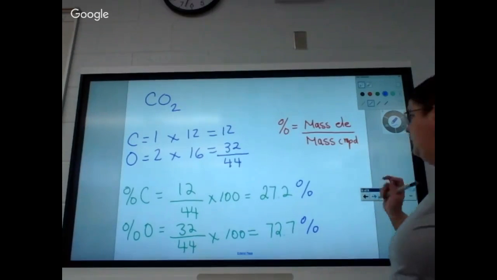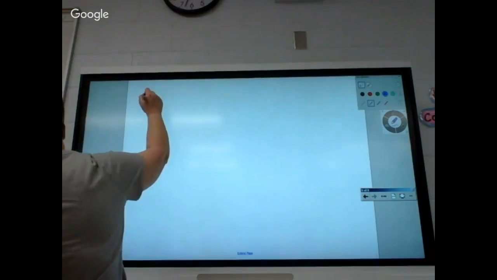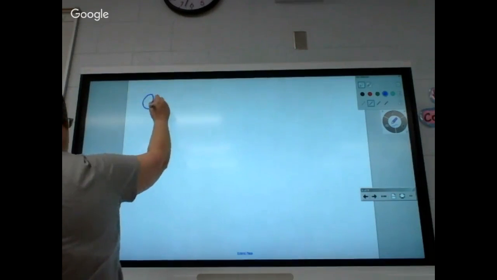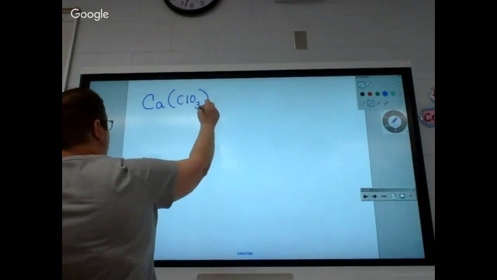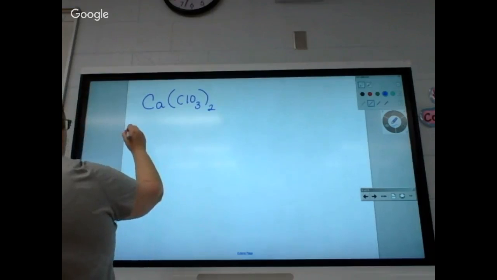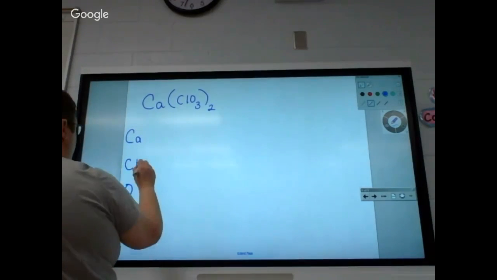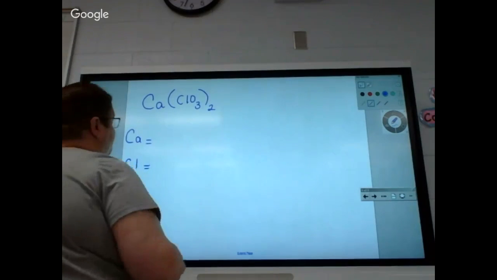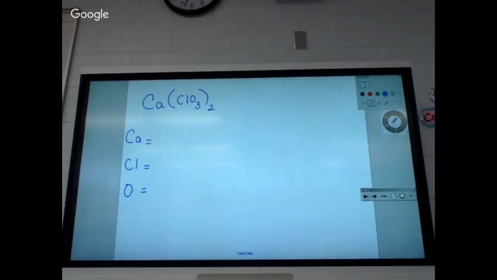Can we try another one? Let's do one with parentheses this time. Let's find the percent of Ca, Cl, and O. How many Cas do I have?